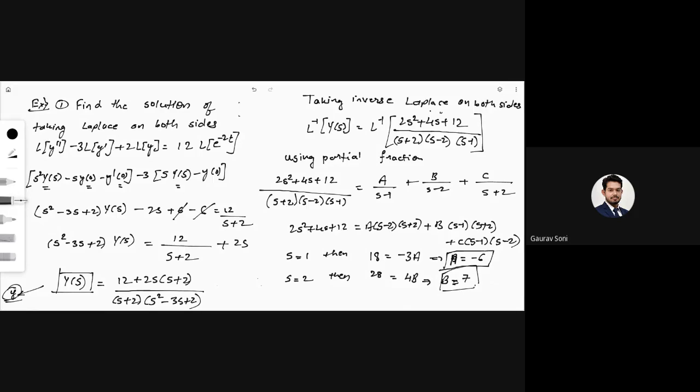And the last one, you put s is equal to minus 2. Then we will get c is equal to 1. Okay. So we have separated it successfully.